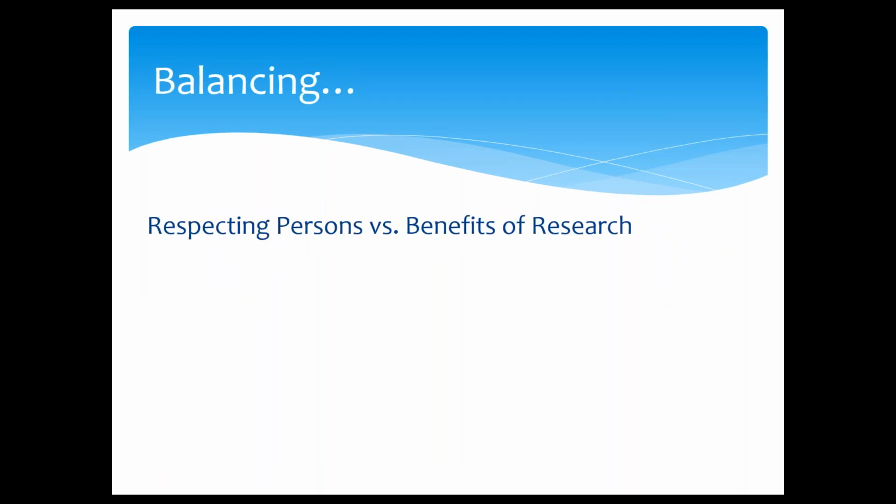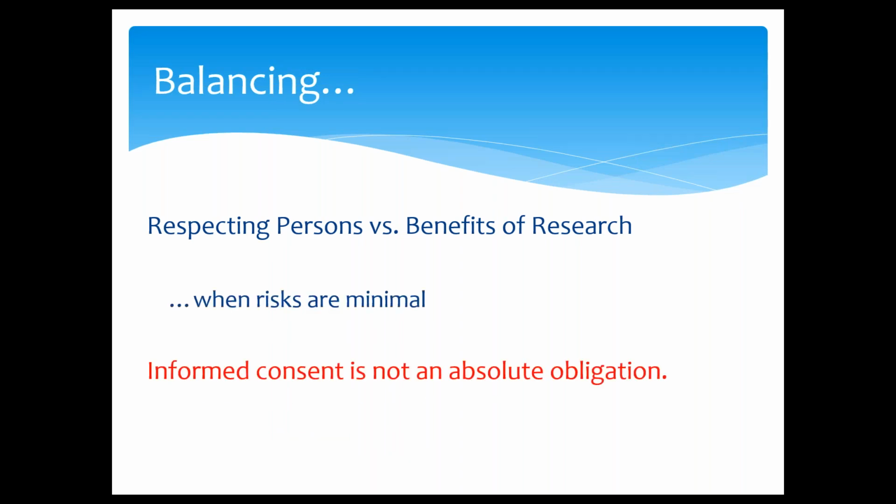So what the regulations are doing is balancing respect for persons, autonomy, versus the benefits of research. And when the risks are minimal, informed consent is not an absolute obligation, right?